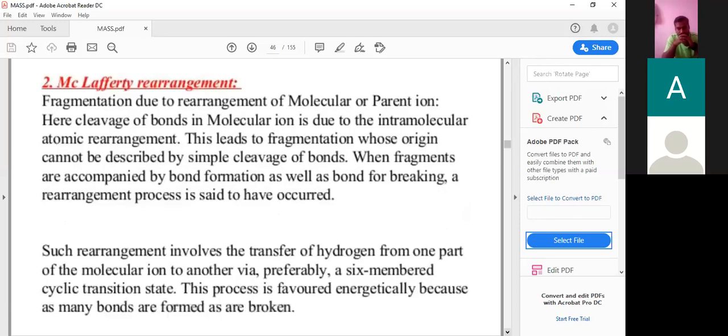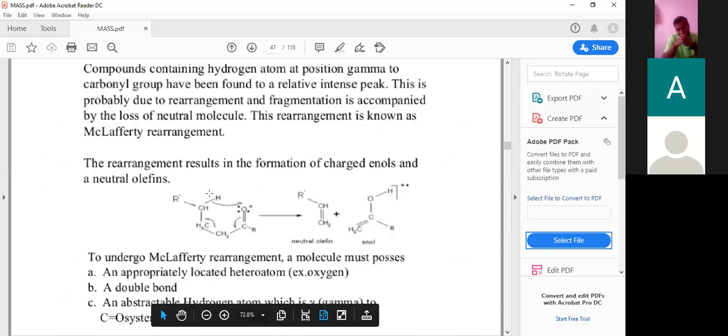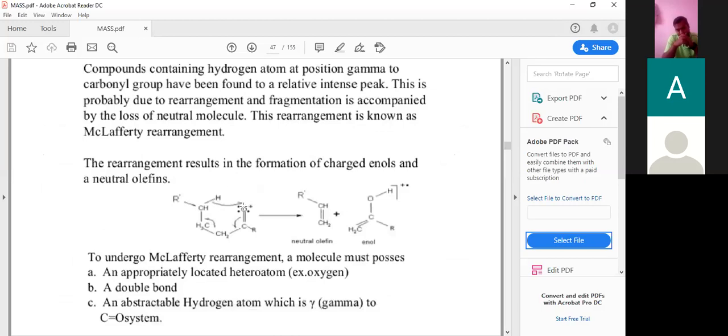Whereas McLafferty rearrangement is a transfer of an atom from one part of the molecule to another part of the molecule. Here you have the gamma hydrogen. This gamma hydrogen is transferred from the carbon to the oxygen, and simultaneously there is a cleavage of the sigma bond and elimination.